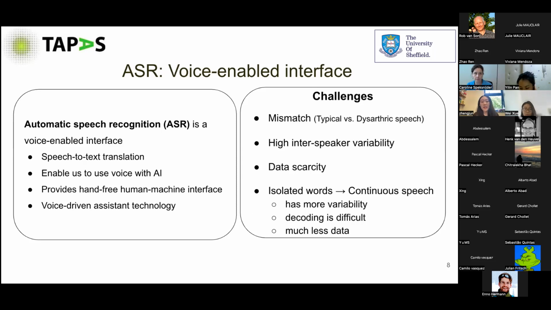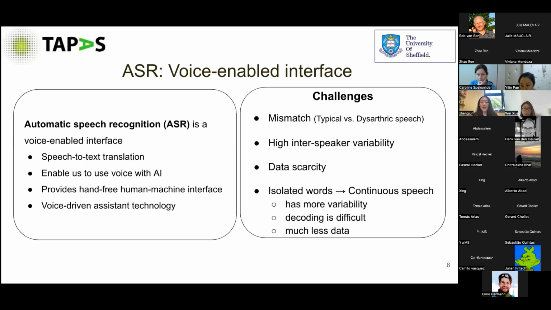And secondly, decoding is particularly difficult for continuous dysarthric speech, where there's increased uncertainty. When we speak multiple words, it's also very challenging to locate the word boundaries in a sentence, and the effects of co-articulation are also more challenging in this case.